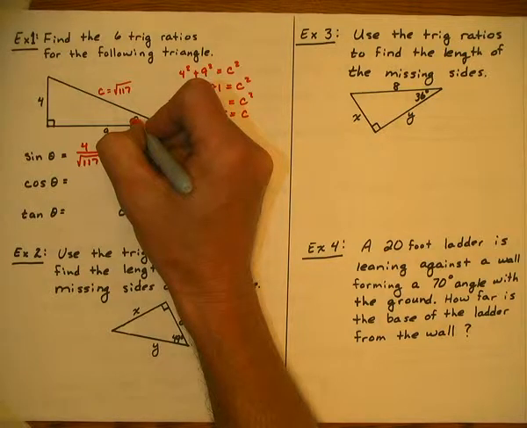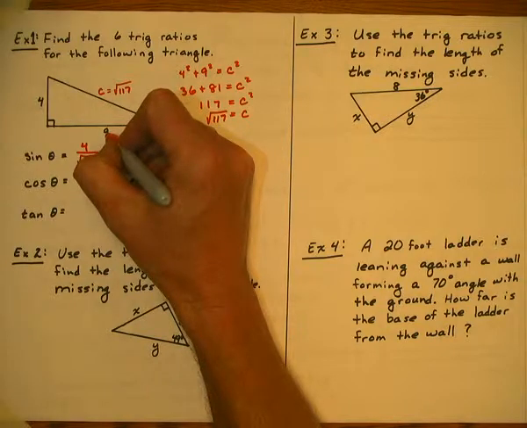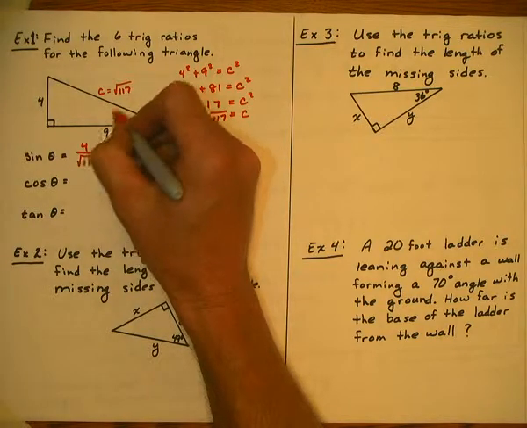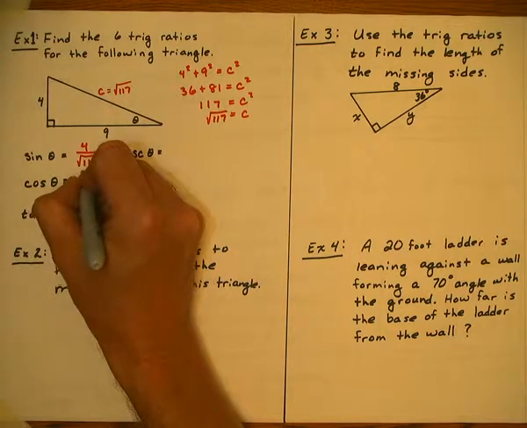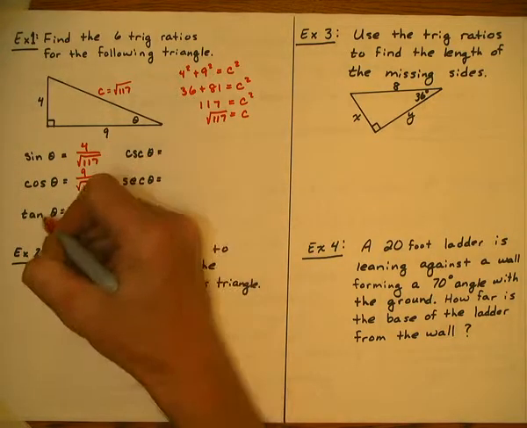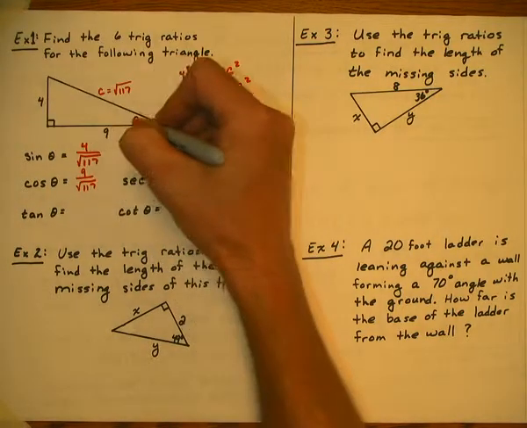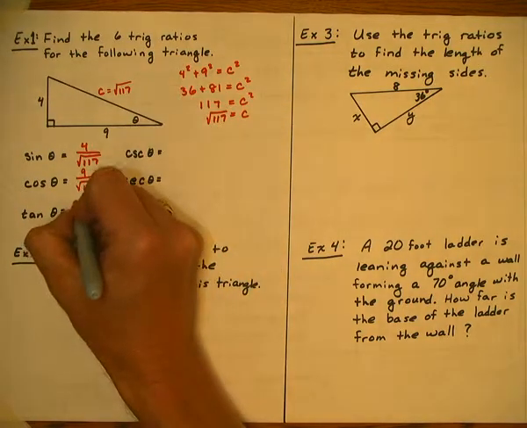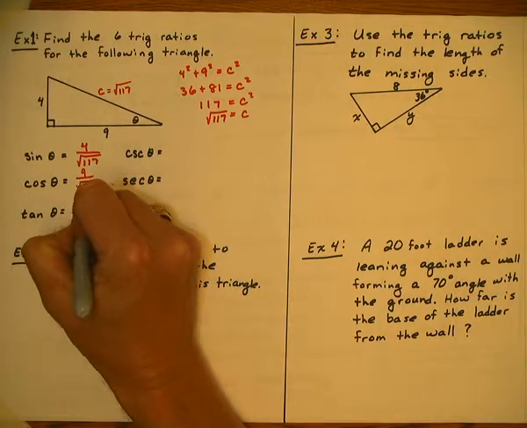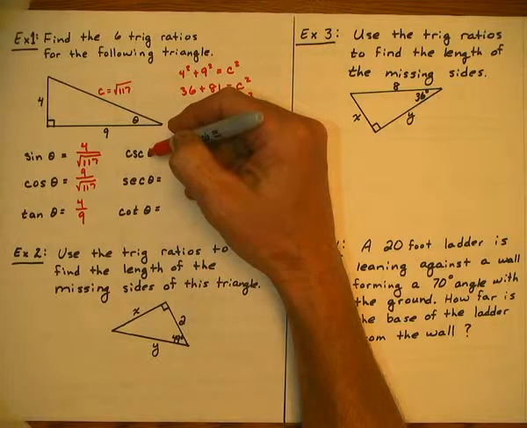The adjacent means the leg of the triangle that is right next to the angle. So that would be 9, and it's going to be 9 over square root of 117. And tangent is opposite over adjacent, 4 over 9.